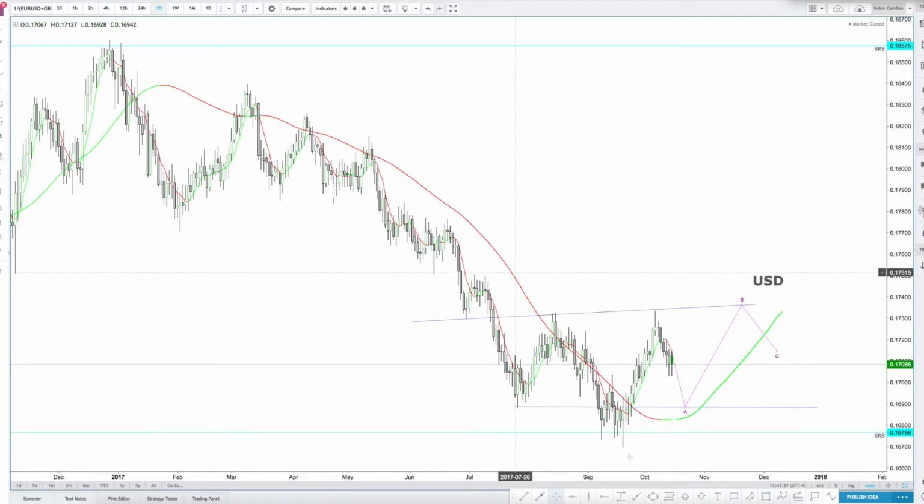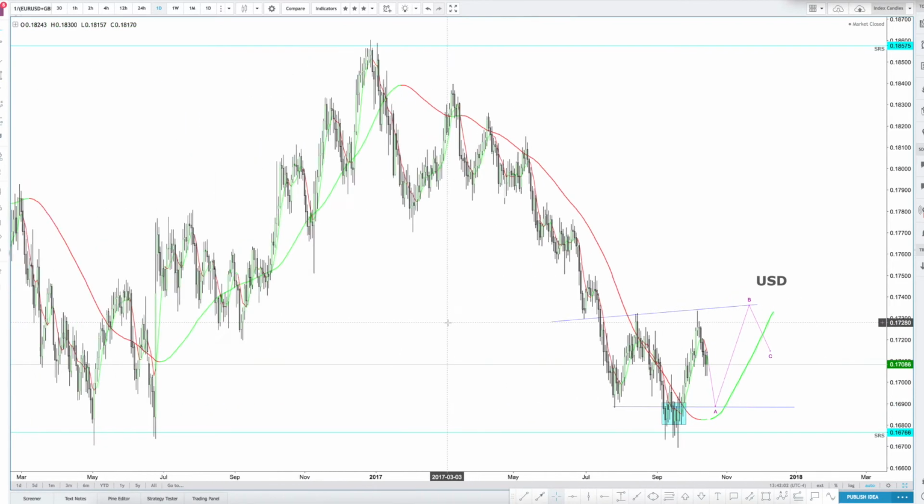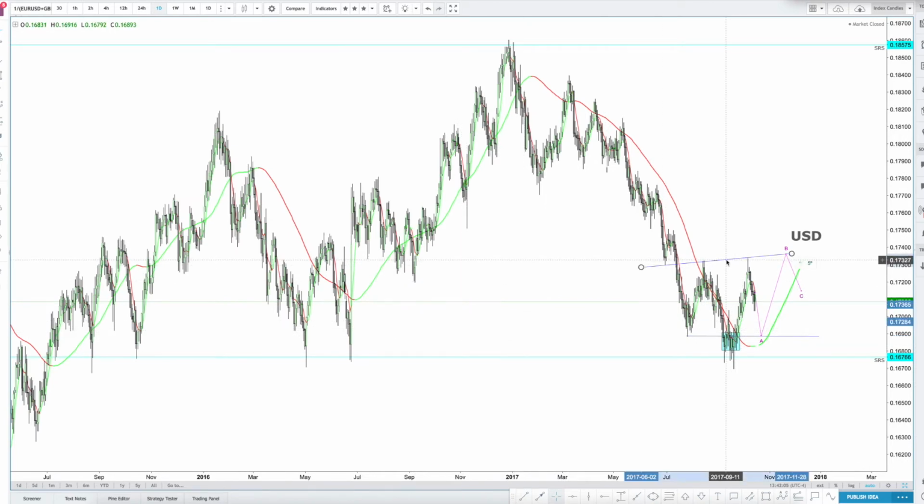So we have this nice little thick zone right here. A lot of activity, a lot of people are stuck long and short. They're able to push it up. So the idea is that we're gonna slide a little bit lower and then bounce, and then we'll see where we go from there. If we're gonna go higher, or we're going to form some kind of bear flag, which would look like if we grab this line here and then put it up here like this.